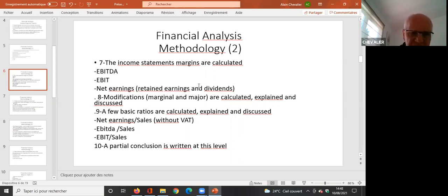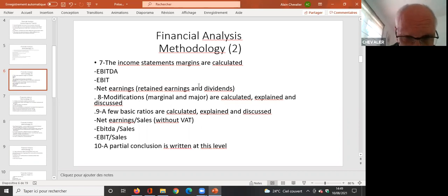Then the earnings before interest and taxes, and the net earnings, with the split between retained earnings and dividends, and I will come back on that with the impact of this decision on the financial analysis, of course, and on the financial resources, financial structure of the firm.